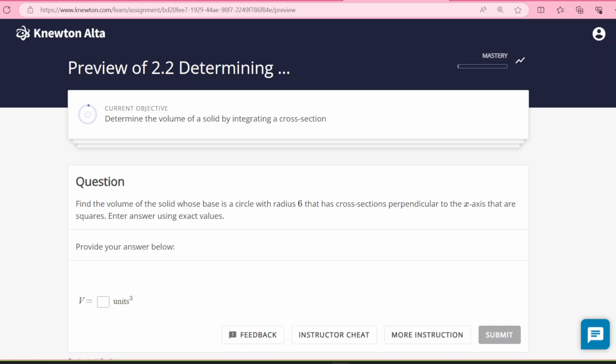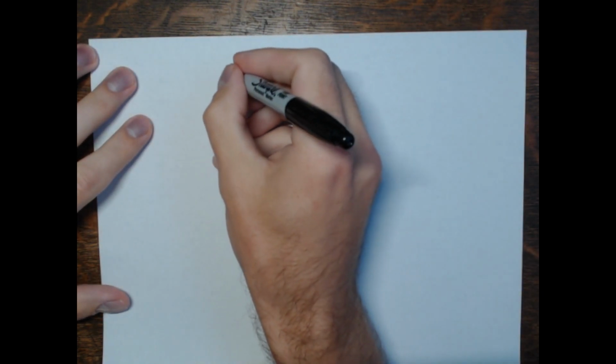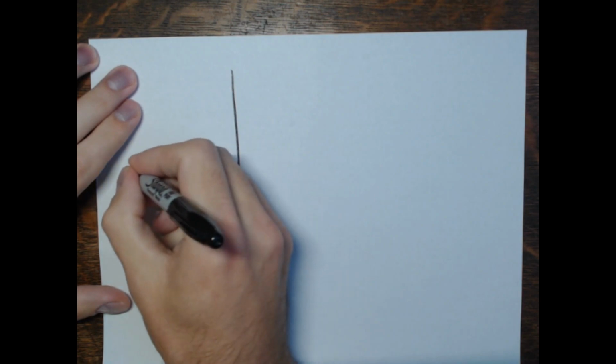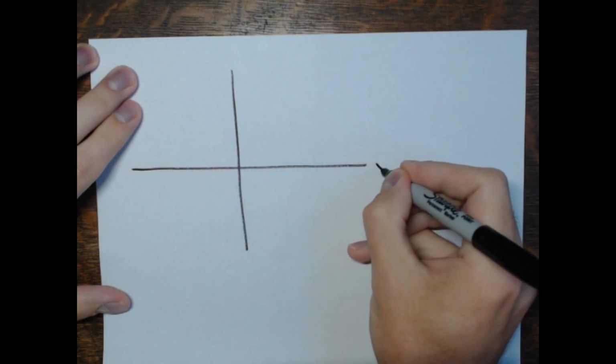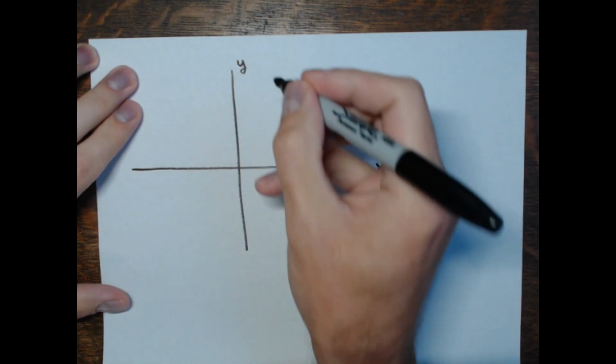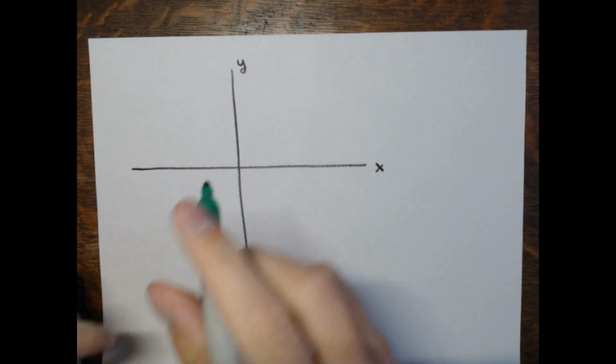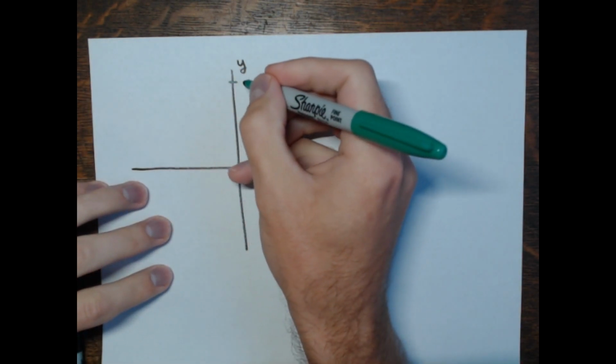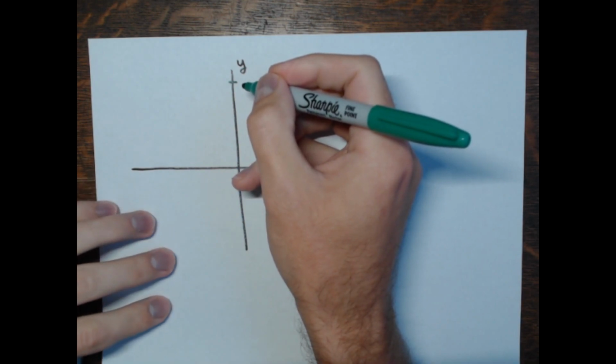Okay, so back to my paper. Let's write this out. All right, so they said the base, again, the base is some two-dimensional figure on the XY plane. And they said it's a circle with a radius of 6. Well, I mean, we can just put this anywhere we want.